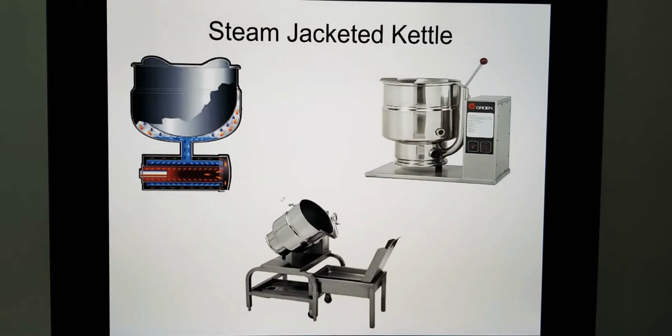So the first one is the steam jacketed kettle, which uses steam. This lower part here is steam. Steam is used to heat up the material that you want to cook. At the same time, we have the cooling water in order to maintain the desired temperature that we want.